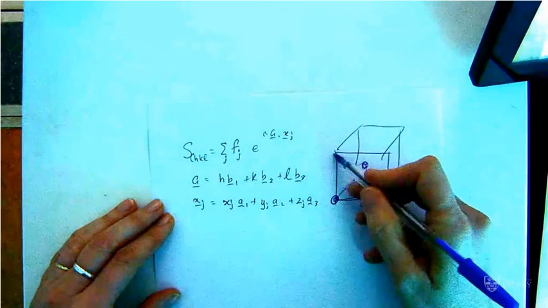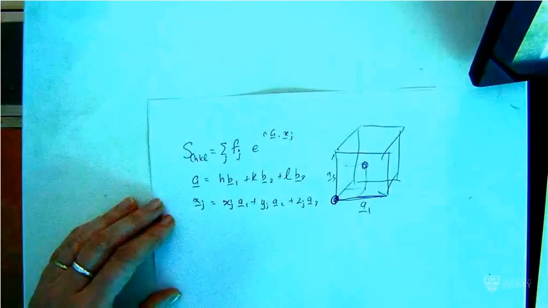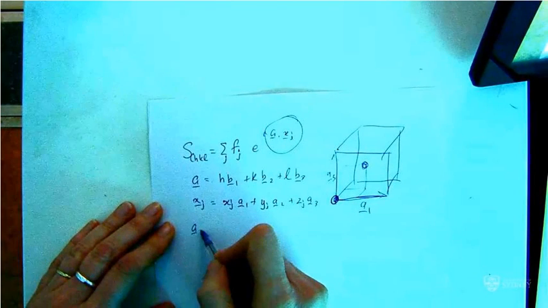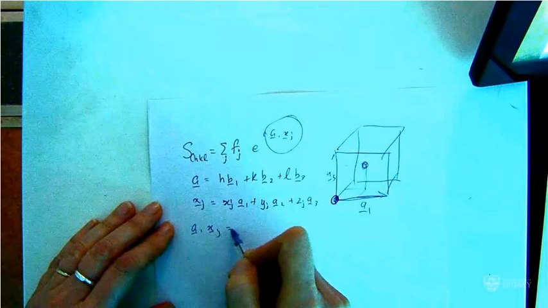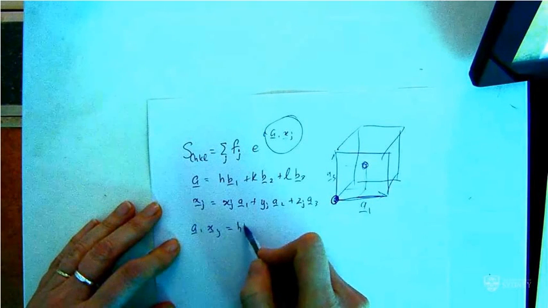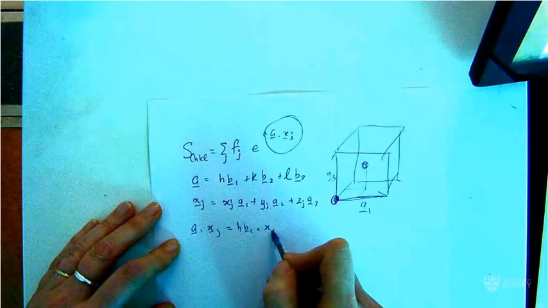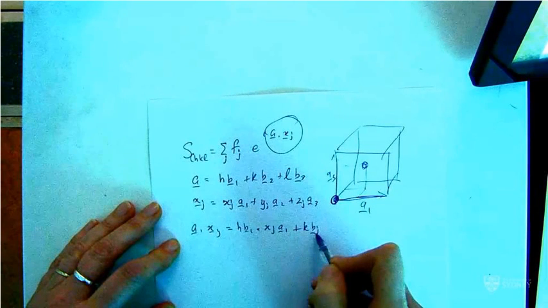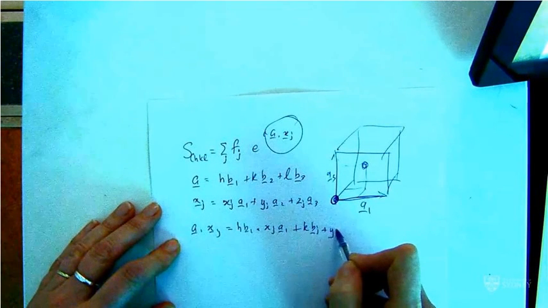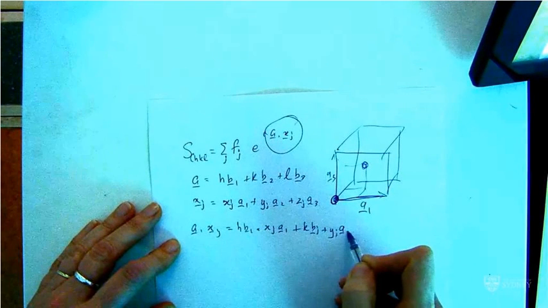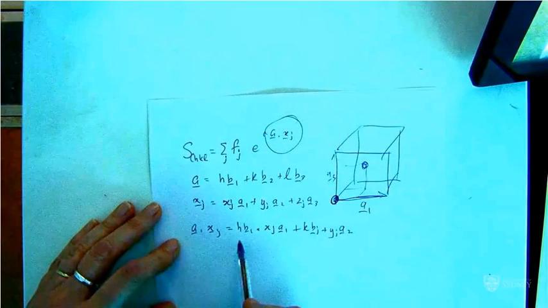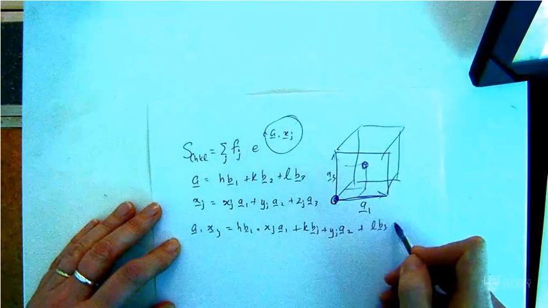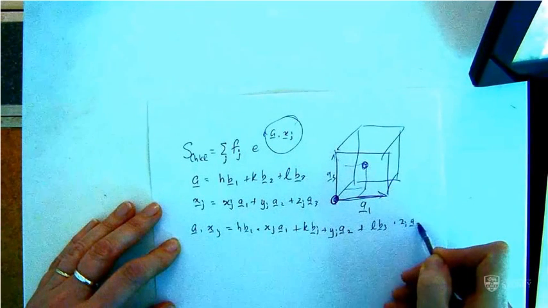Okay, and then we want to make the dot product of these. G dot X of j, we just get h b1 dotted with x j a1, plus k b2 dotted with y of j a2, and then plus l b3 dotted with z of j a3.